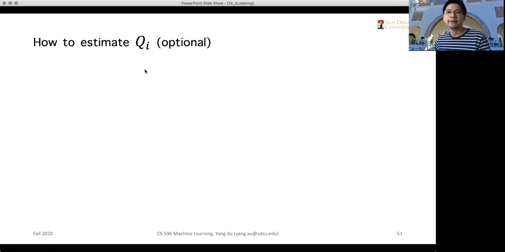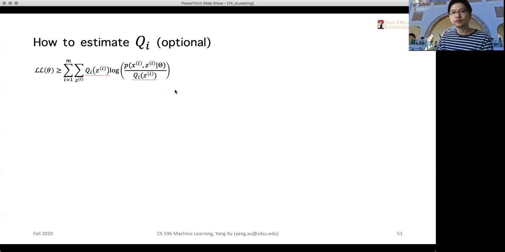Now we need to replace the q's with something we know. By something we know, we mean something that we can estimate or observe from the data. So let's return to the meaning of the Q's.